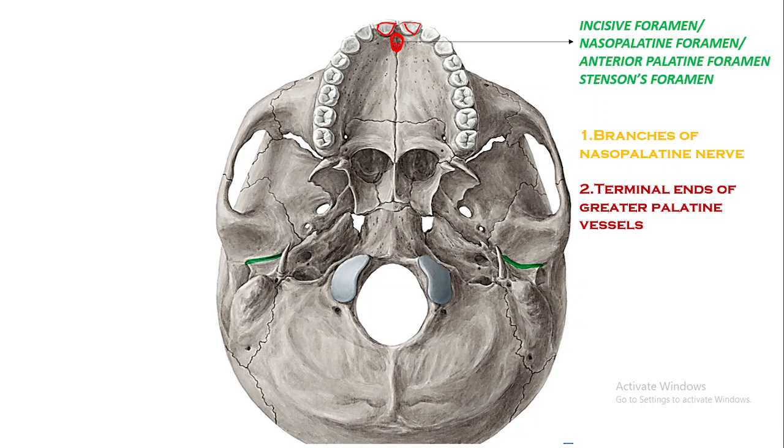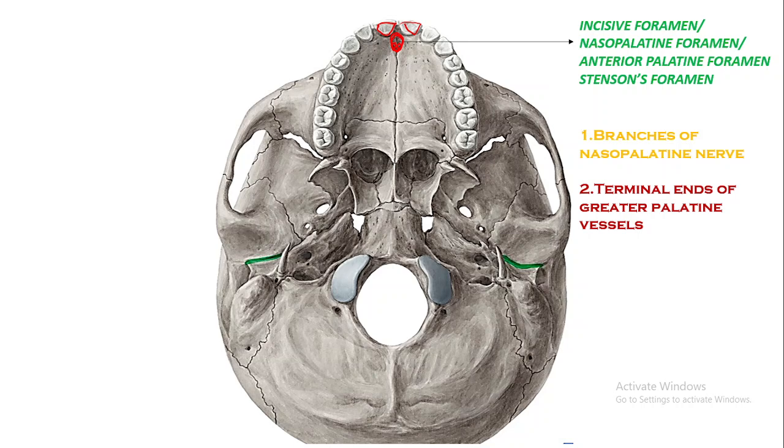So the clinical significance of incisive foramen is in patients in which there is presence of atrophic maxilla, and implant has to be placed in anterior region of maxilla. Then the location of nasopalatine foramen has to be kept into consideration. Then next, it is a potential site for cyst formation, which is called as nasopalatine duct cyst. It is a developmental cyst.